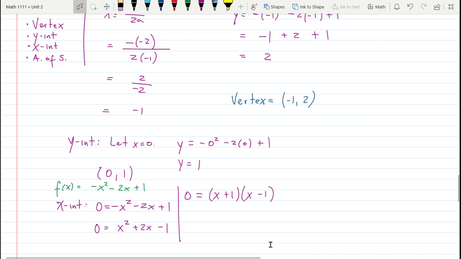Let's see, did we do something wrong? I'm not going to be able to do the factoring because it's not going to be easy to do.